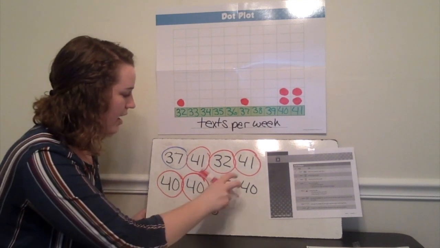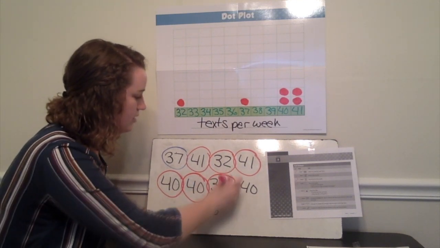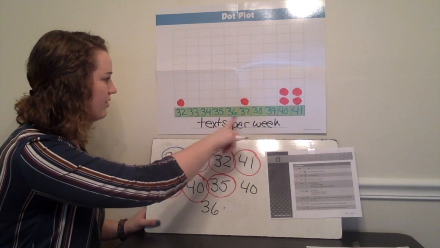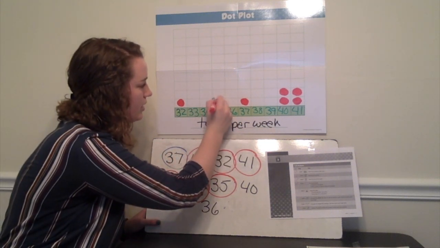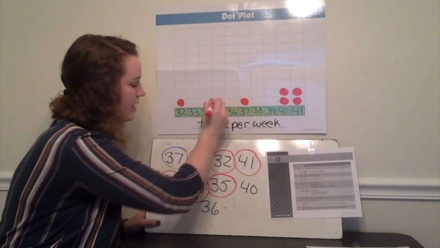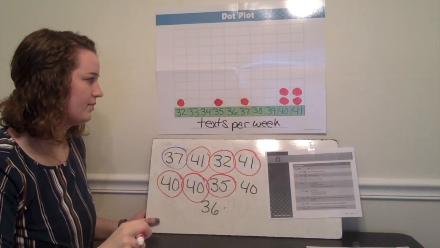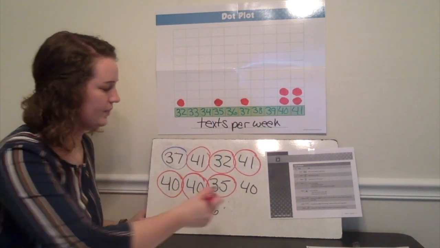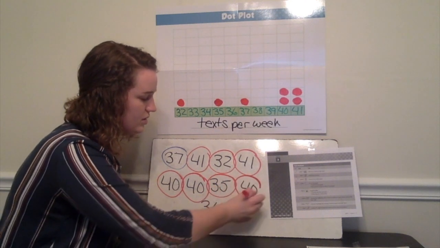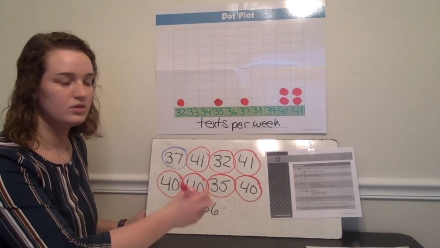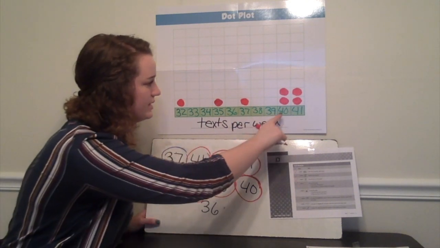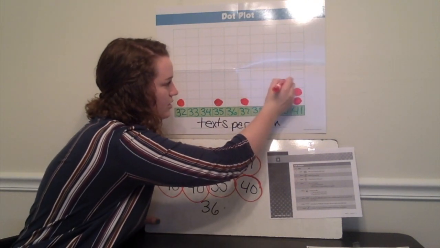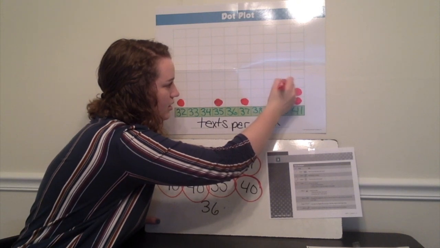Okay, we have 35 is our next one. Find 35 right here. We're going to put a dot right above 35. Okay. Our next one is 40. So find 40 again. So we'll look all the way down and find 40 and put another dot right there.